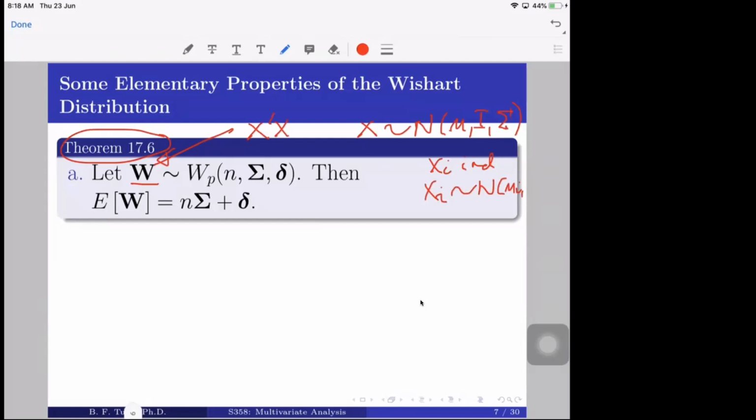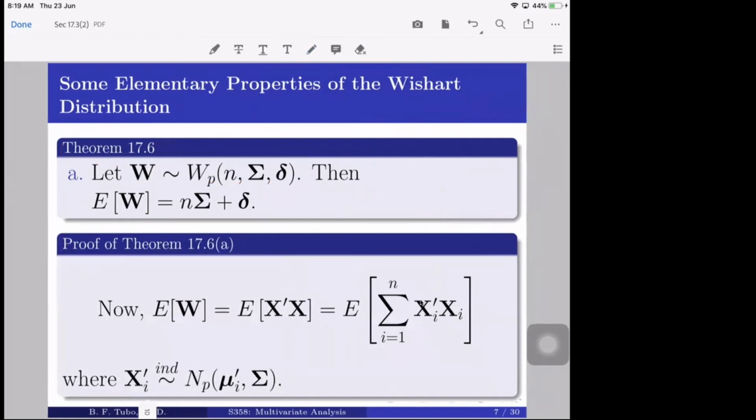So if we have a transformation from a normal to x prime x, it becomes Wishart. So suppose that it is already Wishart with parameters n, sigma, and delta, where delta here is mu prime mu. Then the expected value of W is equal to n times sigma plus delta, or plus mu prime mu.